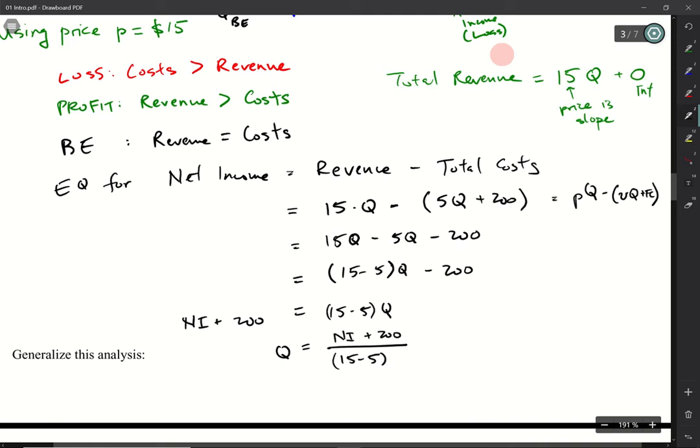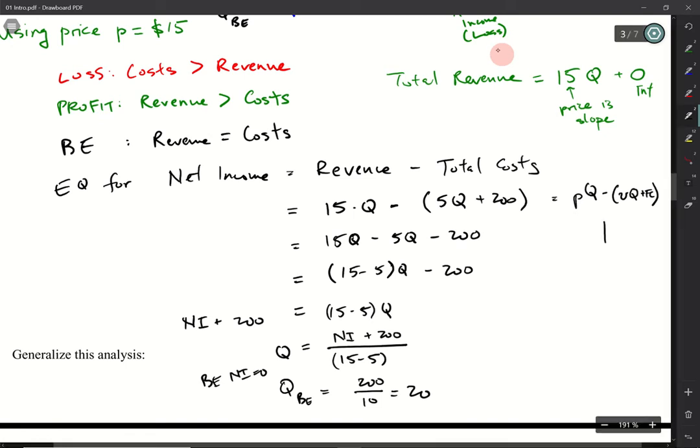Right, and so Q at break even, so at break even, net income is equal to 0. And so we have 200 over 10, which is equal to 20. Does that make sense?